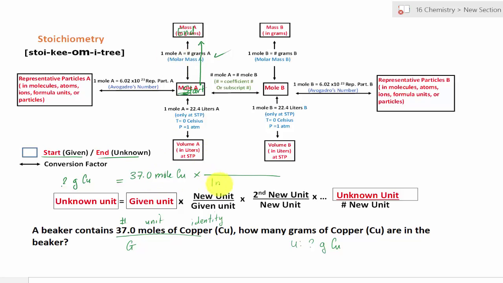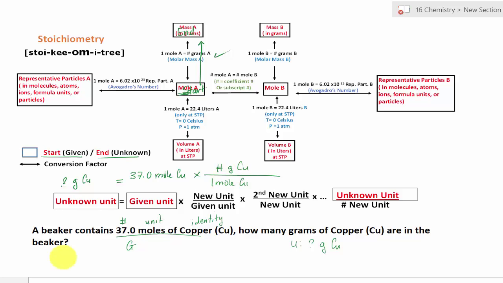So we have 1 mole of A, but what is A? The identity of the substance in this case is copper. If 1 mole of A is on the bottom, the other part must be on top, which is the number of grams of, what is A in this case again? It is copper. And look at that, we have our unknown unit, gram of copper, at the end. So we are done.